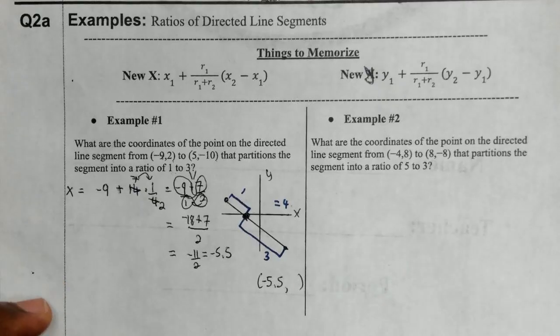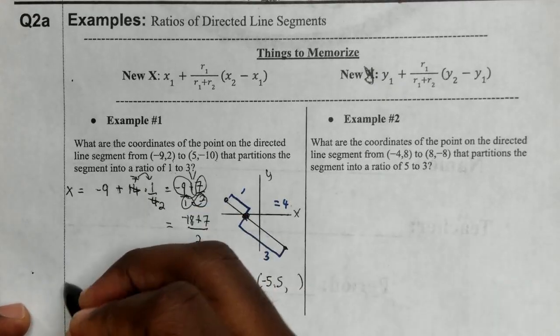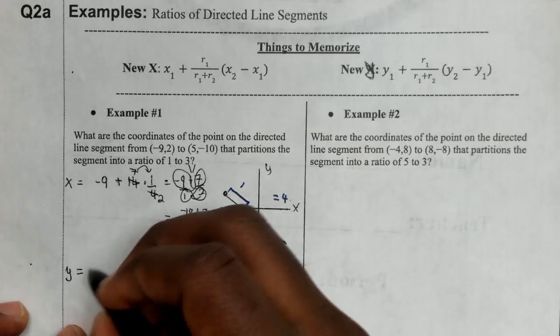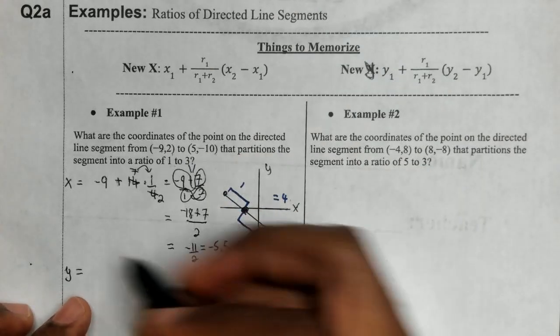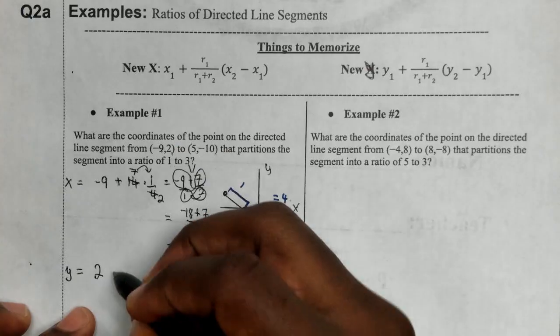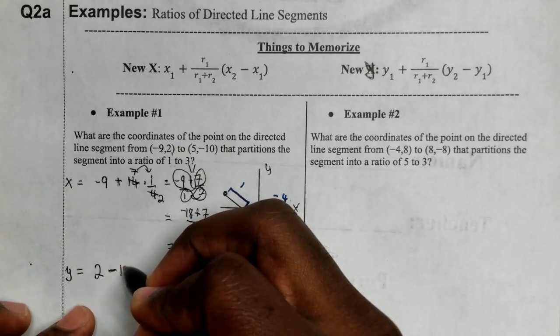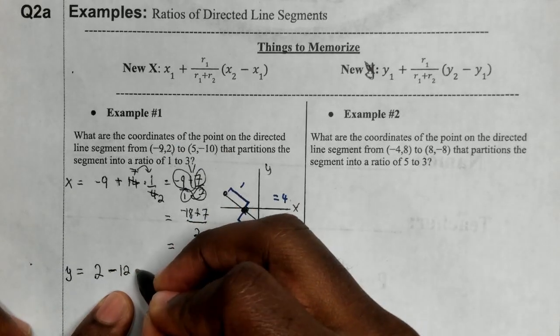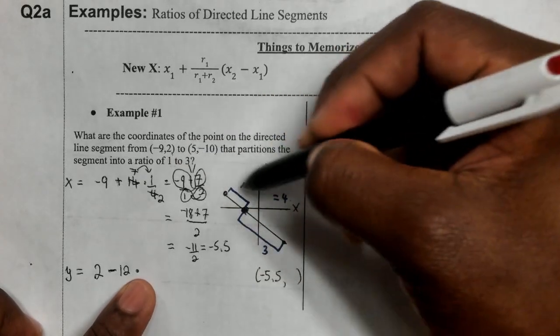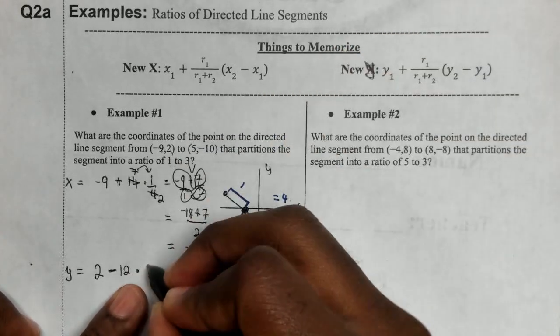So now we're going to find the y value by using the same method. We're going to look at where we started for the y. We started at 2, and then how did we change? We went down, so we subtracted 12. And then we're breaking up into a ratio of 1 to 3, or 1 part out of a total of 4 parts.